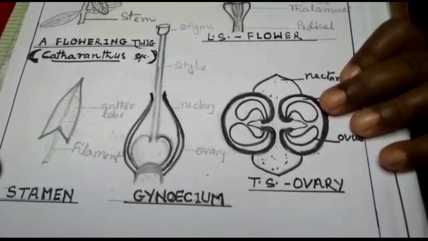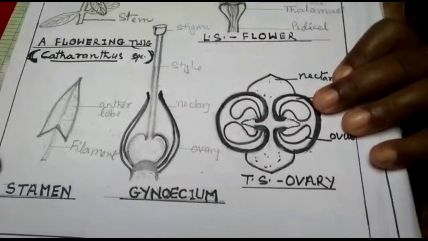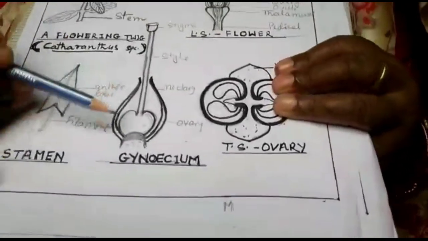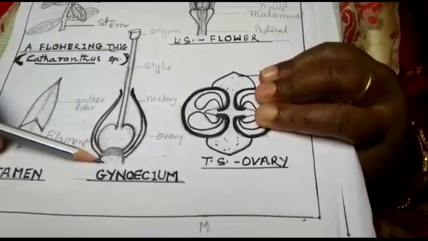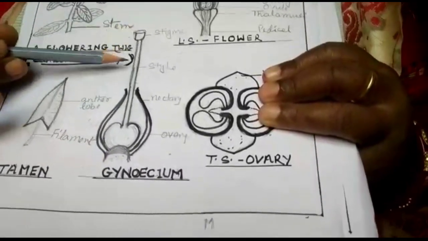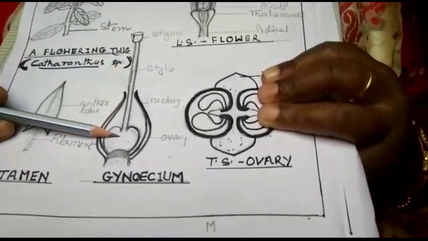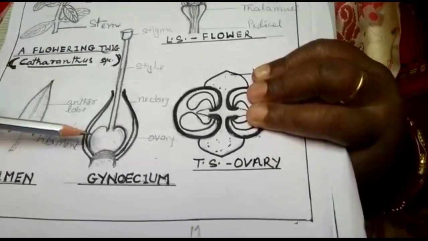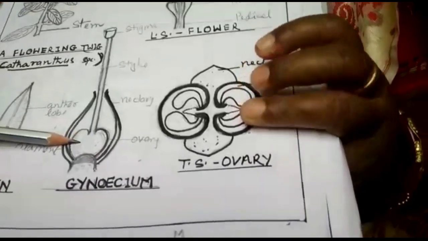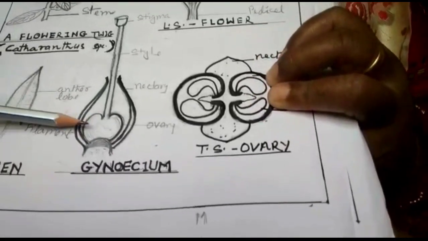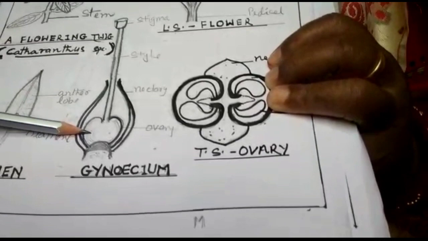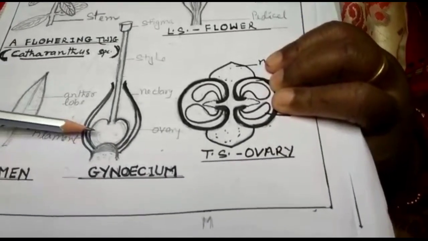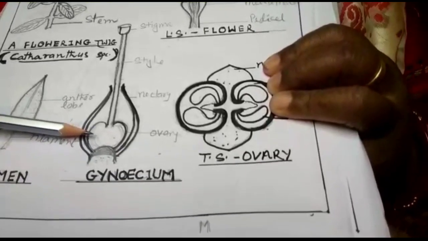Now we come to gynoecium. Generally, gynoecium has 3 parts: stigma, style, and ovary. Here we have to write about the gynoecium. That is, it consists of 2 carpels. The carpels may be free, apocarpous, or syncarpous, that means fused.